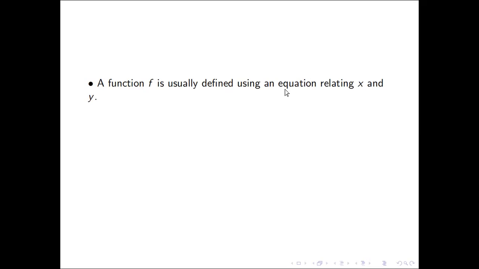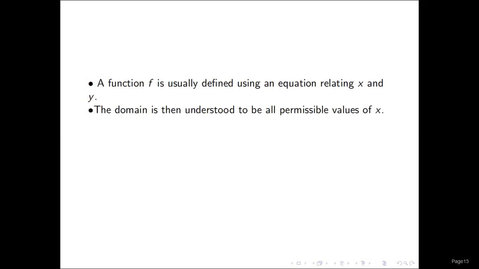So we use an equation that relates x and y. And that serves as sort of a rule that the pairing or the function obeys. And in this case, the domain will then be understood to be all the permissible values of x, which is the usual definition of domain. And the range will be simply the set of all values of y.